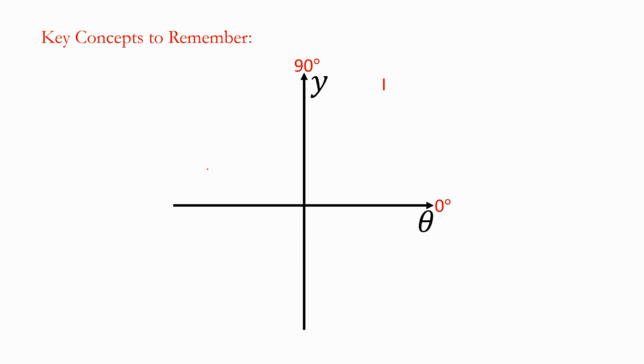And then we have angles that are between 90 degrees and 180 degrees. These are obtuse angles. Angles like 150 degrees, 100 degrees, 120 degrees. They're in quadrant 2. They are on the second quadrant. You see that?